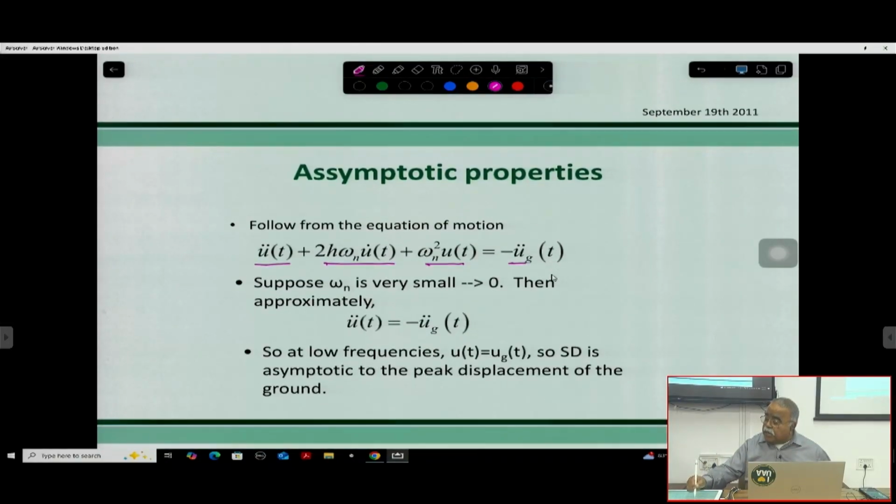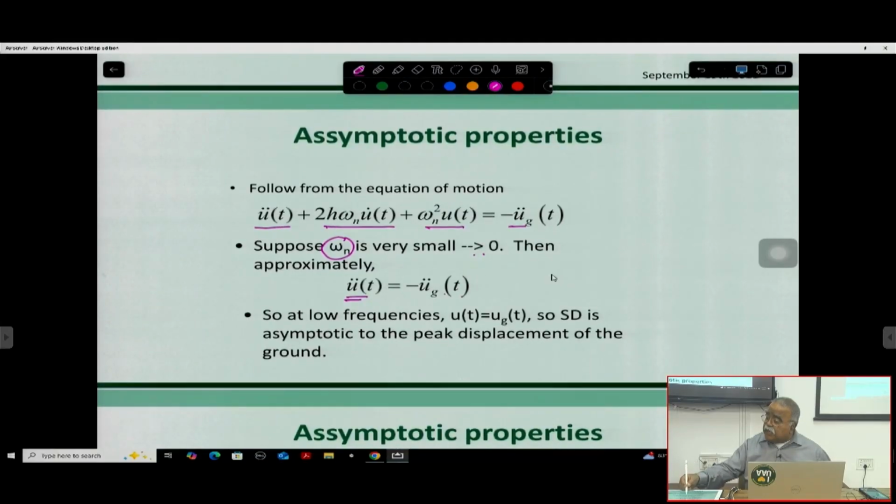If your omega n, the natural frequency, is very small, almost close to 0, then this part will be all 0, right? So then u double dot t equals minus ug double dot t. That means the acceleration is equal to the ground acceleration, but in the opposite direction.